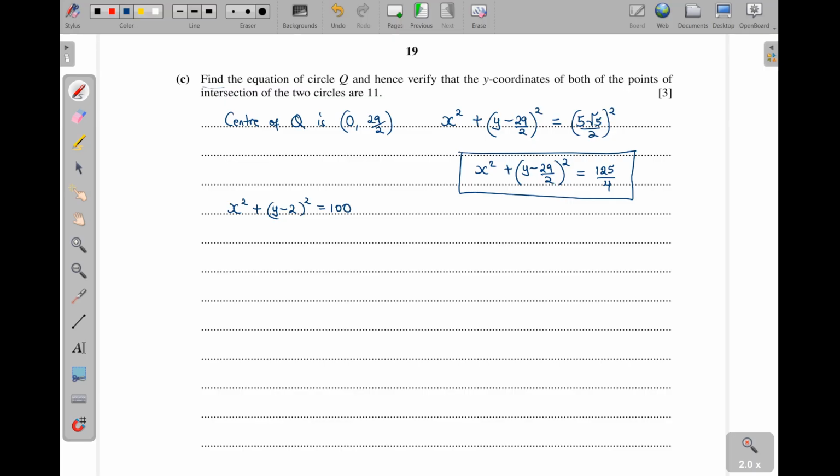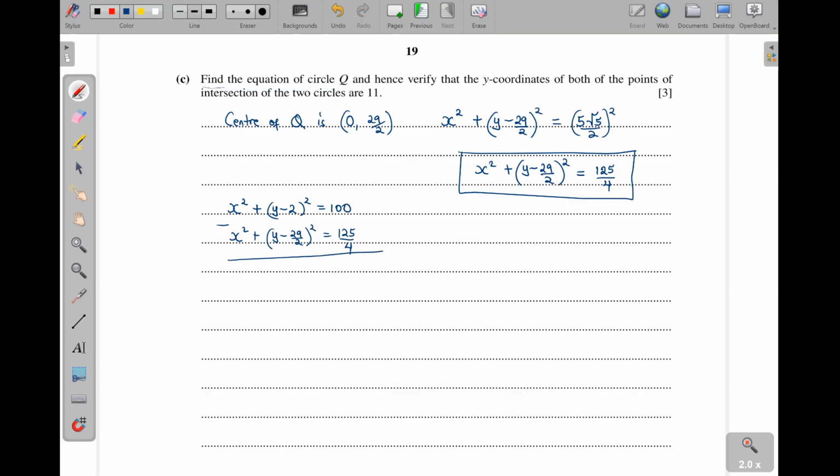I have x² + (y - 29/2)² = 125/4. So when I subtract them, x will disappear.